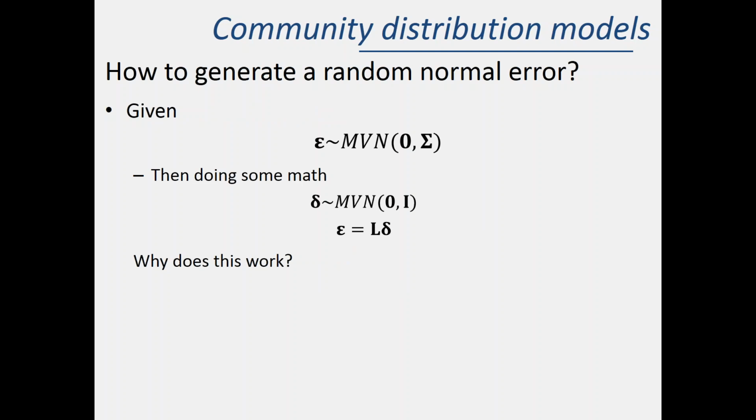So if you've got epsilon that's a vector drawn from a multivariate normal distribution with mean 0 and some covariance, then that's equivalent to taking the covariance out and multiplying by essentially the square root of that covariance. So the Cholesky is sort of one way of thinking about the square root of a covariance matrix.